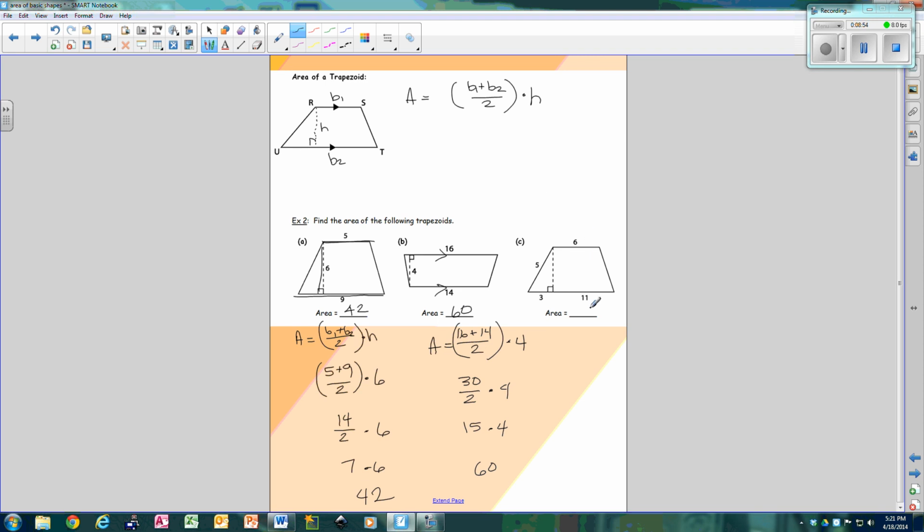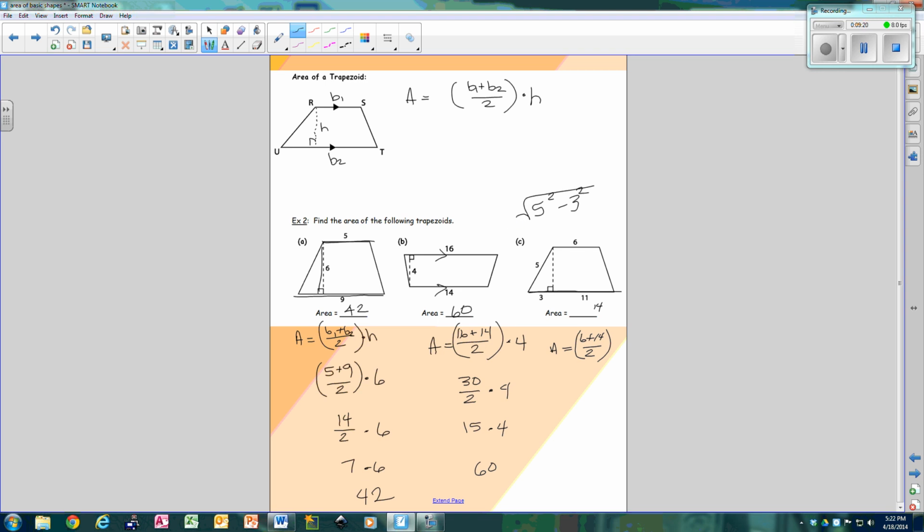Ooh, what happened? All right, now over here, this total base is 14. So my area is base 1 is 6 plus base 2 is 14 divided by 2 times the height, which they did not give me. But since I have a right triangle, and I know this is 3 and this is 5, since I know the hypotenuse, I'm going to subtract.